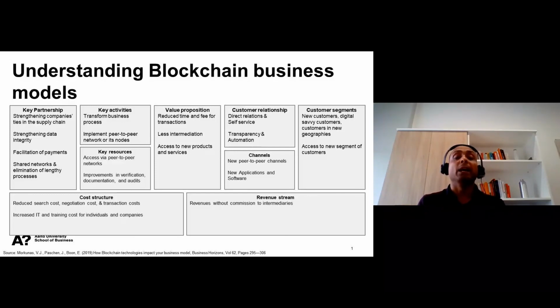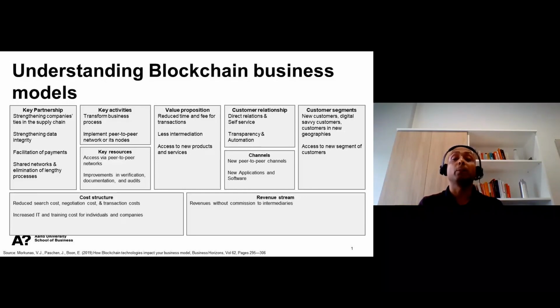The eighth element, cost structure, allows us to understand cost savings or changes in cost structure due to the implementation of blockchain or distributed ledger technologies in a firm. Here, we could see that the search, negotiation, and transaction costs between suppliers and the focal firm implementing blockchain would fall.